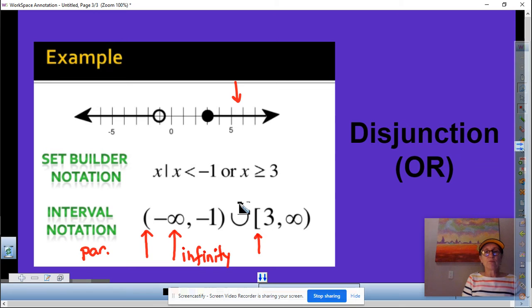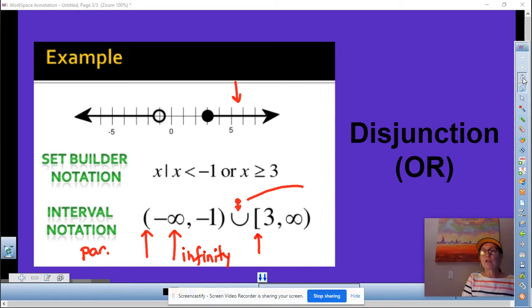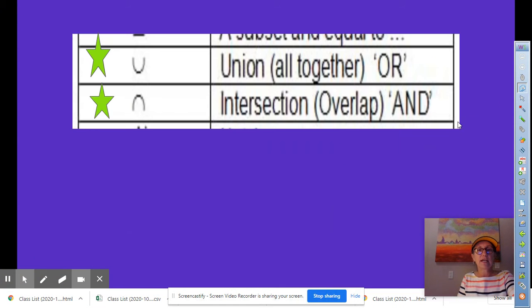Now, what's this little weird thing right here? What is that? Well, let me show you. Let me go to the next slides to show you this. All right. So in the next slide, if you have a U, it's called the union. And it's not really a U. It's a funky little arc.